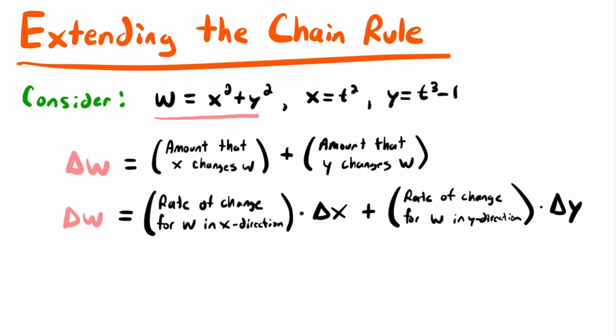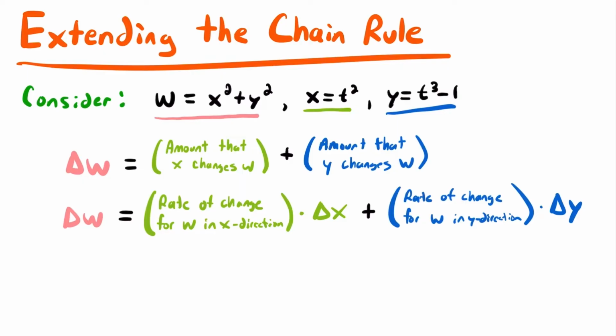Okay, so there's two pieces here. There's one for each intermediate variable. We have a piece for x and a piece for y. But now to get even closer to a mathematical expression that we can use, we need to think of a way to represent the rate of change for w in the x direction and y direction, which, if you're thinking about what we have learned recently in Calculus 3, perfectly describes a partial derivative, right?